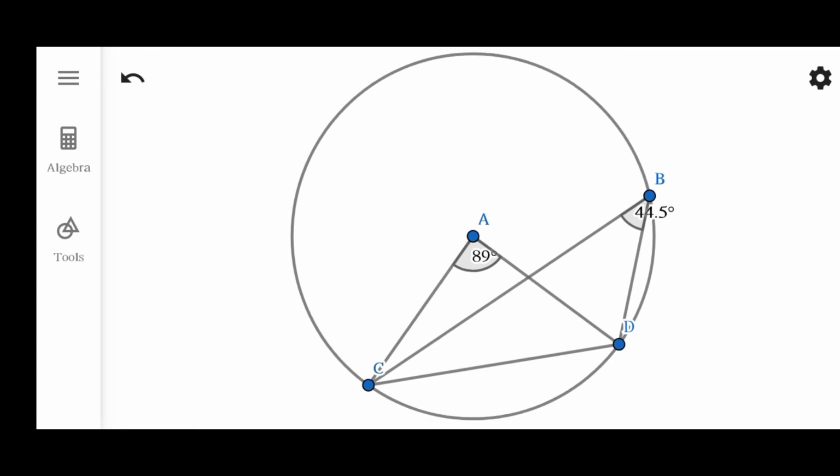So all these three diagrams are just to prove to us that the angle a chord subtends at the center of a circle is twice what it subtends at the circumference of the circle. In case you have any doubt, you can construct your own circle and draw any chord with a ruler.